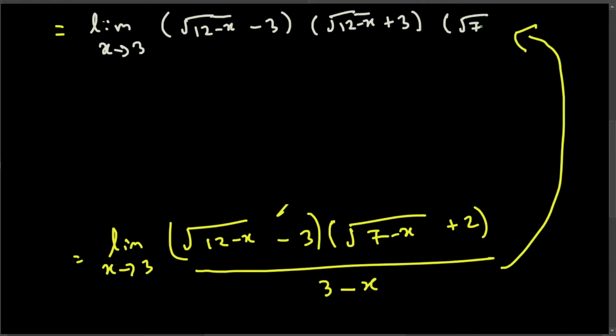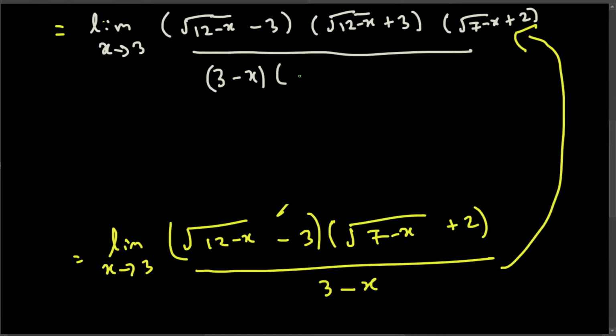Square root of 7 minus x plus 2, and if I do this one in the numerator, I have to do the same thing in the denominator as well. So 3 minus x multiplied by the conjugate, that is square root of 12 minus x plus 3.